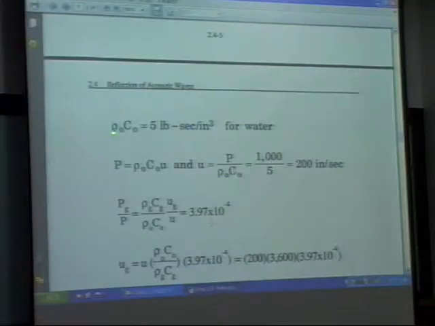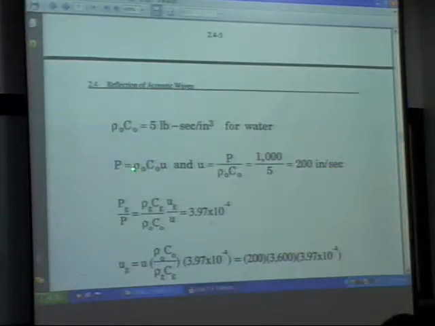And rho naught is the mass density of the water. Then you can get your own value in metric, or you can convert this into metric. Pound force second over inch cube. Okay? So now you know that.